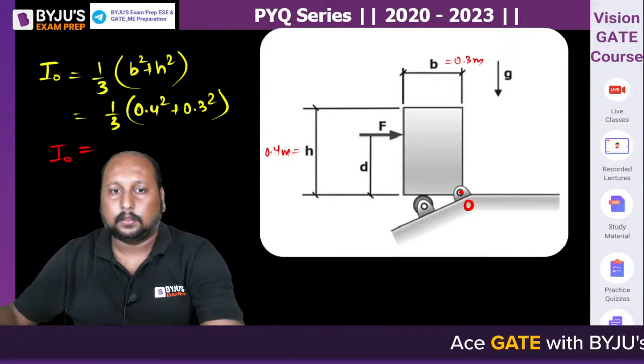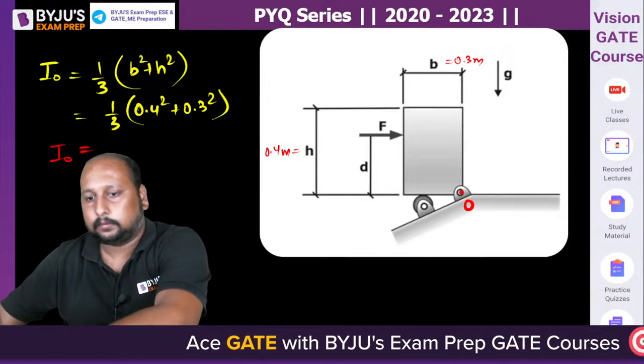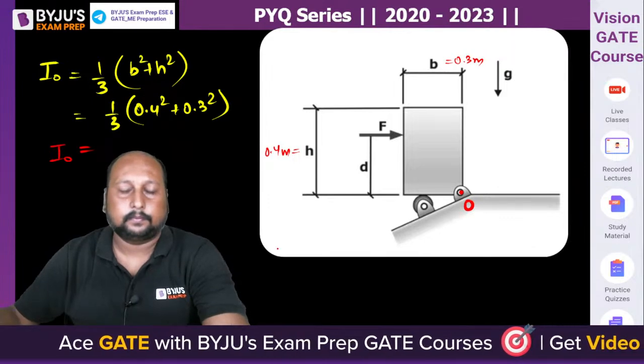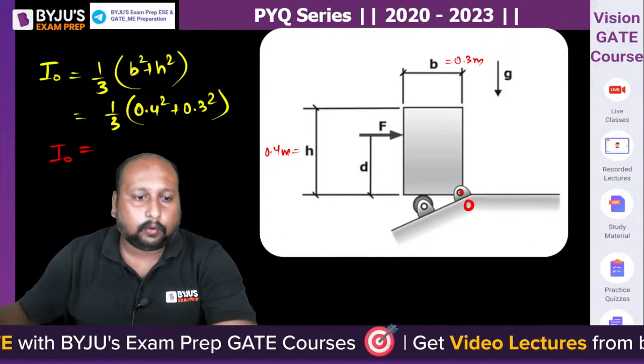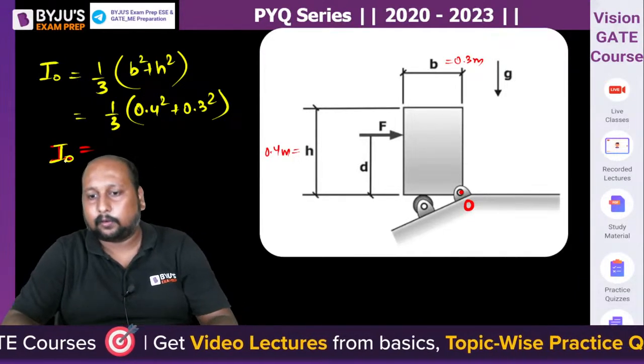Second. कभी कभार the writing tab is not working sometimes. चल गया. हाँ. So you have to tell me the value of I0. कितना आ रहा है? Anyone who has calculated the value of I0?